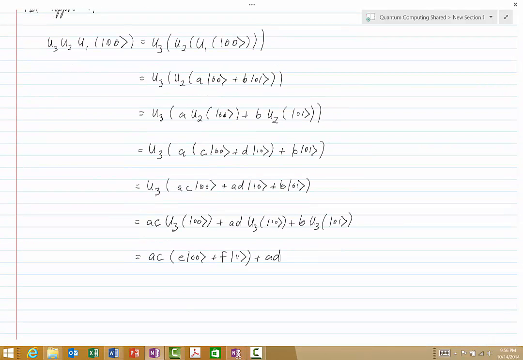So this becomes AD 1, 0, and then the last term becomes B 0, 1.